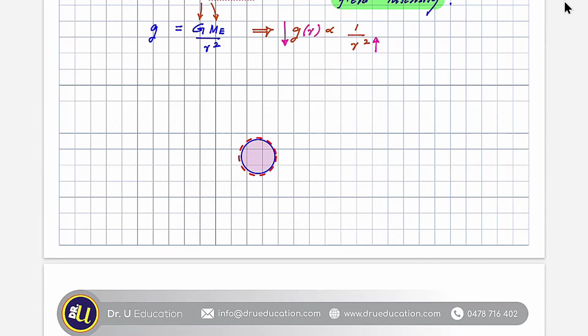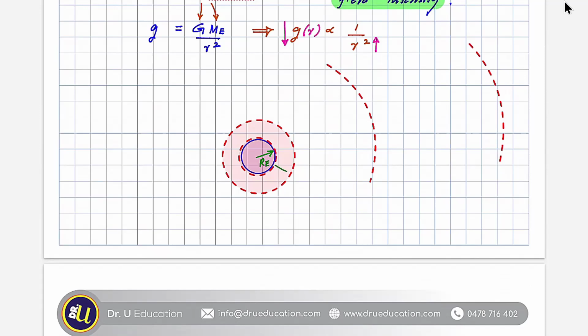And I'm going to have another orbit a little away, and another orbit here, and another orbit here. Now, let's think about the distance. From here to here is R_E, Earth radius.